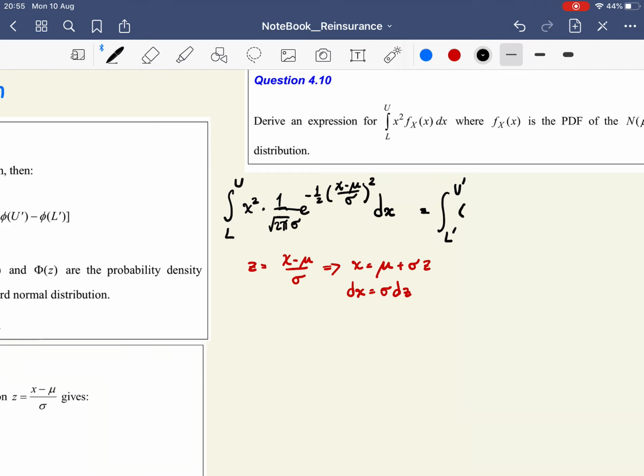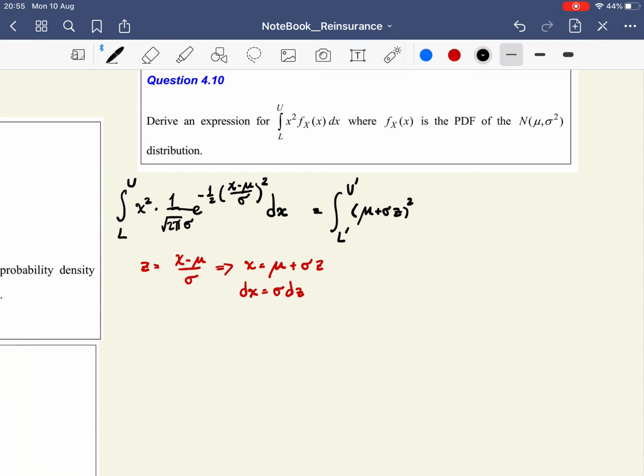What we have here is x is mu plus sigma z, squared. Then 1 over square root 2 pi multiplied by sigma, and the sigma will cancel with the sigma from dx, so we have just 1 over square root 2 pi. And e to the power of negative 1 over 2 z squared. We have just this one, right?